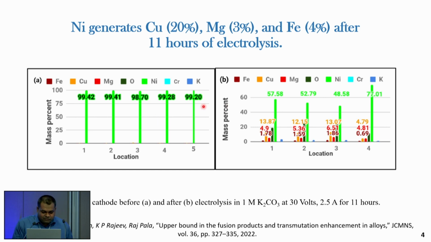After 11 hours of electrolysis, we found that the mass percentage of nickel reduced, and we found new elements: iron, copper, and magnesium. On an average, we found 20% copper, 3% magnesium, and 4% iron. That was what we got with 11 hours of electrolysis in pure nickel wire.